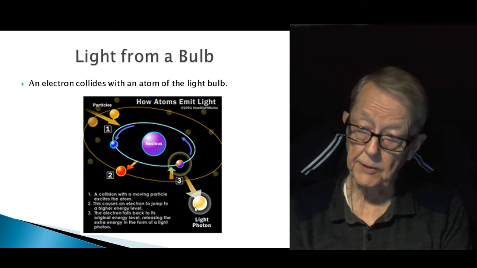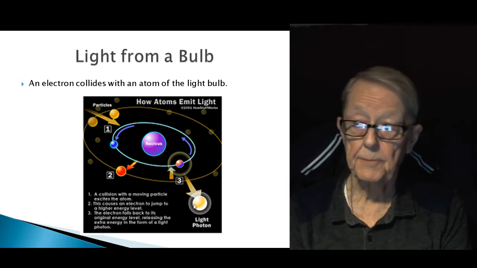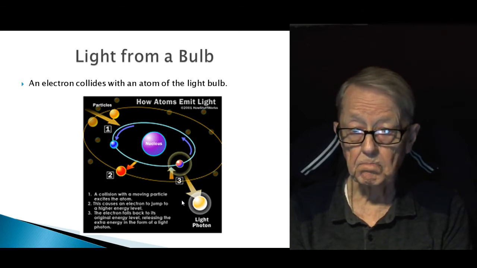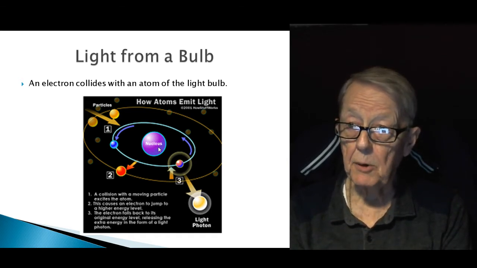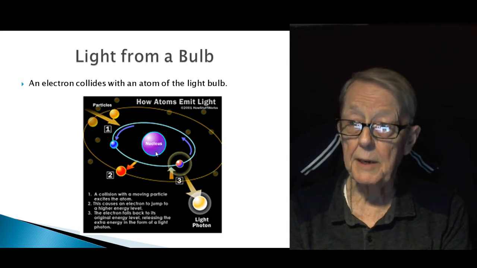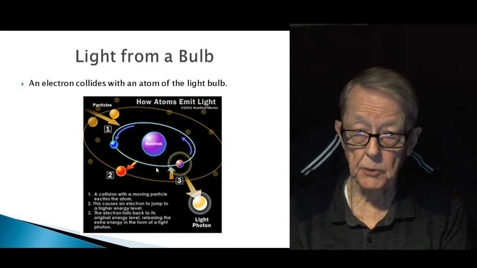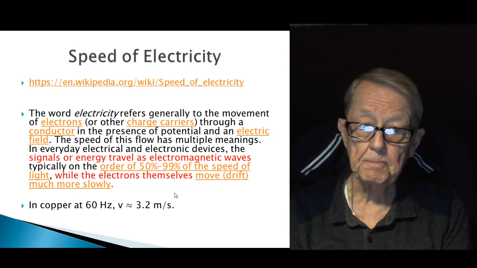Of course, when you look at what a photon is, it's a particle and a wave. It's two things. I'm not sure which one. I know this is one from a light bulb, but it's still in the electromagnetic spectrum. Got two answers. I'm not sure which one I should be saying is the right one.